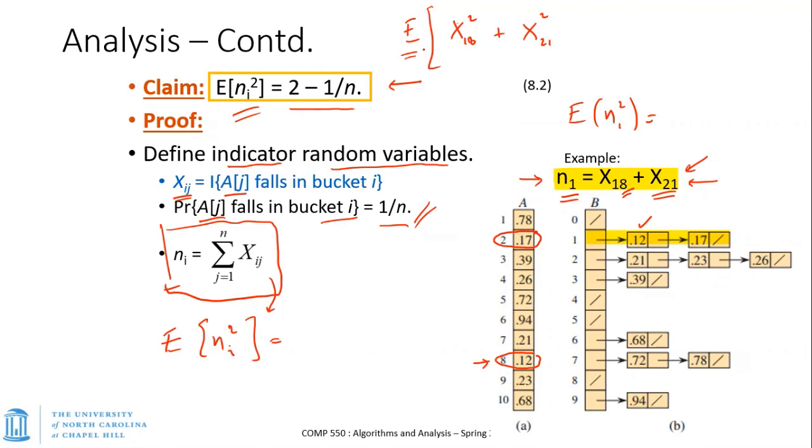When I calculate the expected value, I'm going to say what is the probability of x18 being equal to a particular value. But let's just keep the expectation outside for right now, and let's just work with the actual number.